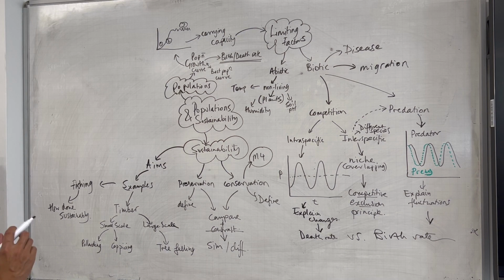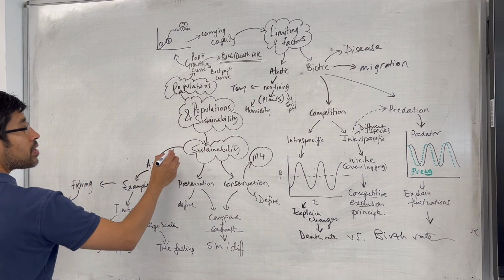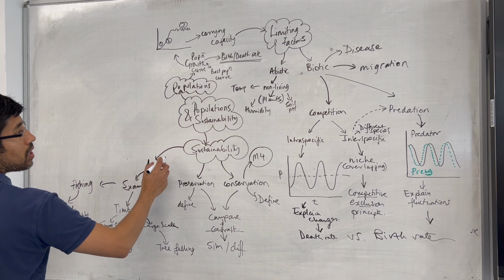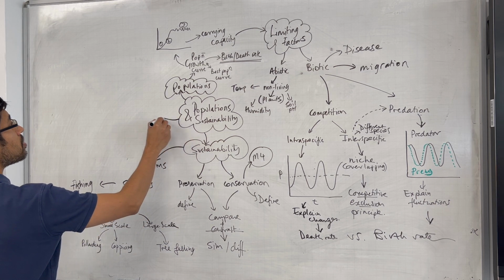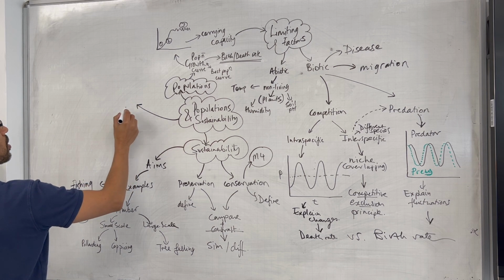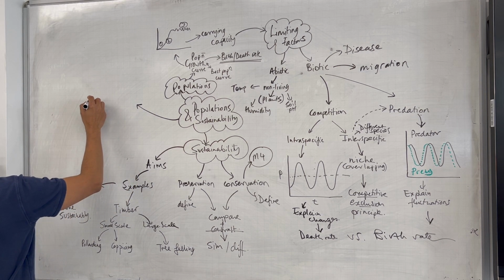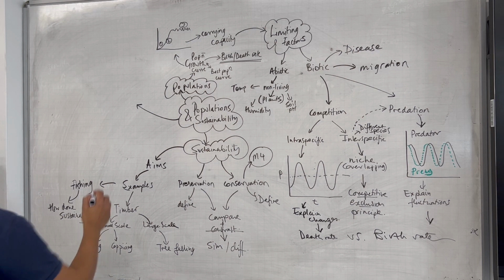And that takes us to the last bit, which either you're going to love this or you're going to hate it, but we are going to do this in a very, very basic way. We are going to look at ecosystem management.